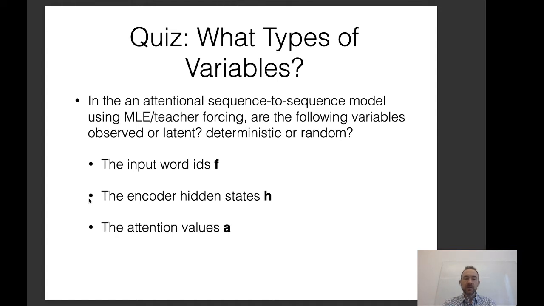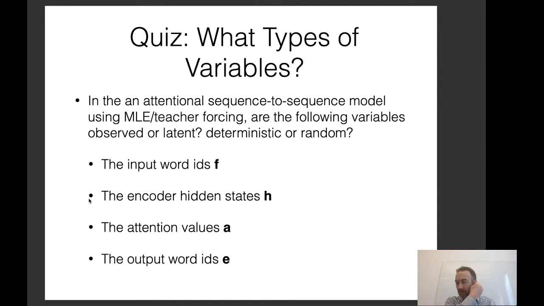The attention values A. Now this is a little bit tricky. The attention values, we normalize them to make them look essentially like a probability distribution using the softmax function. However, these variables are deterministic variables because we never do any sort of sampling from them or anything like this. So these are latent variables, but they're deterministic, like the encoder hidden states.